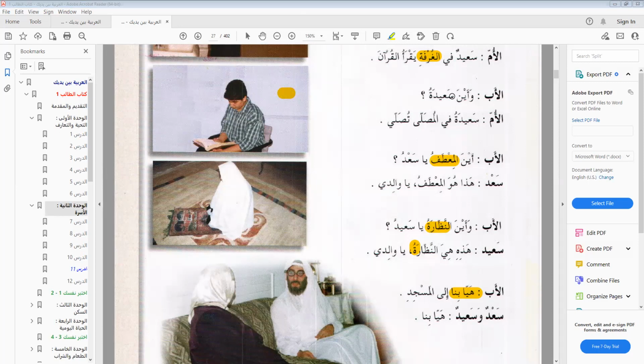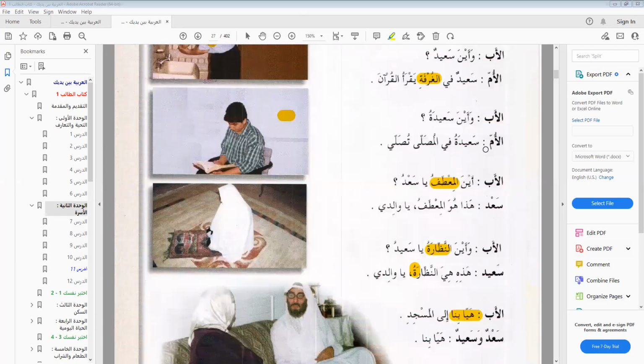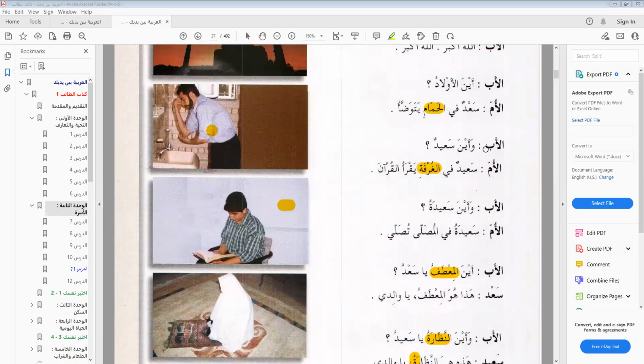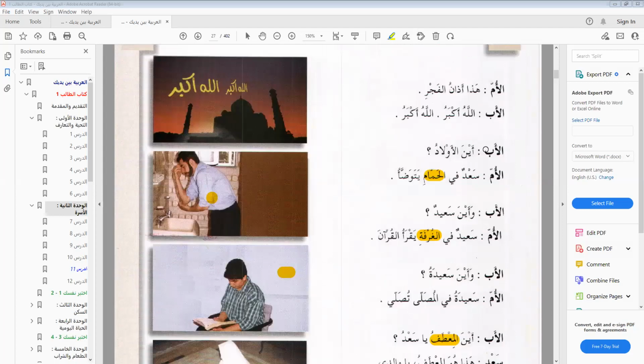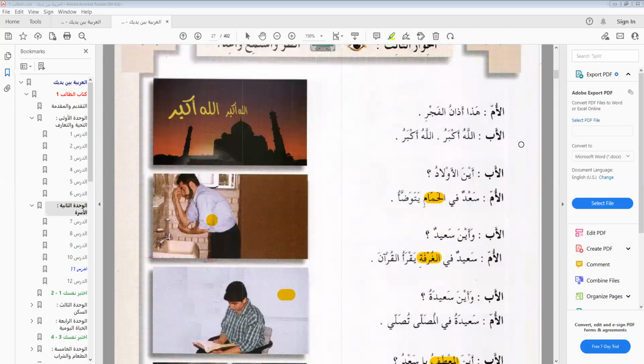Now, tafaddala. Wa alaikum salam wa rahmatullah. So, Sister Sakina, you are the father. Sister Ummu Abdurrahman, you are the mother. So the father is starting the conversation now.